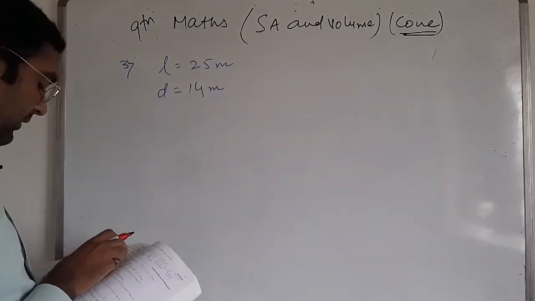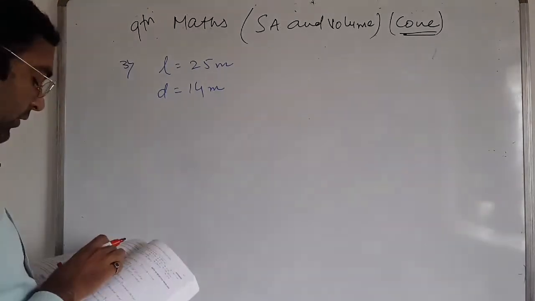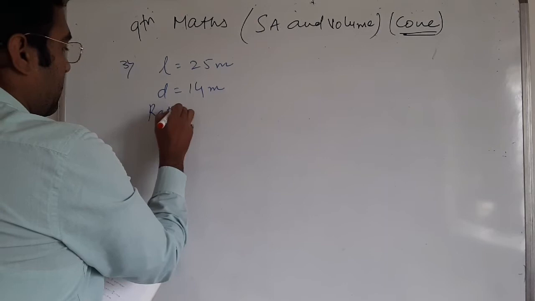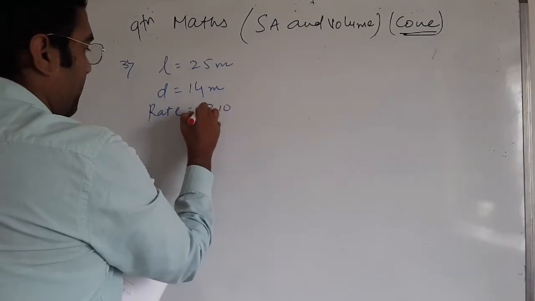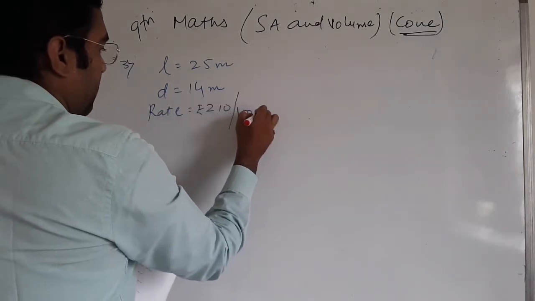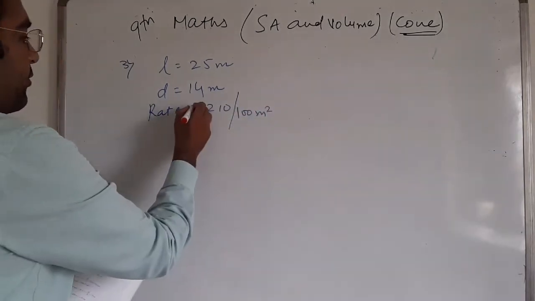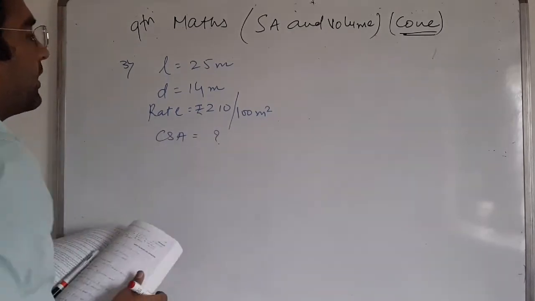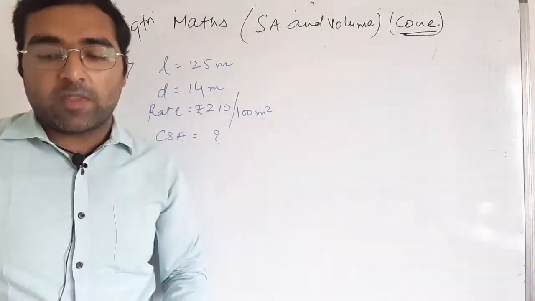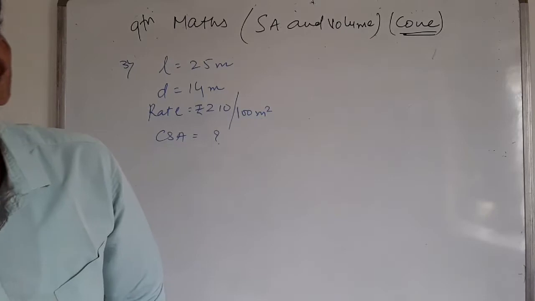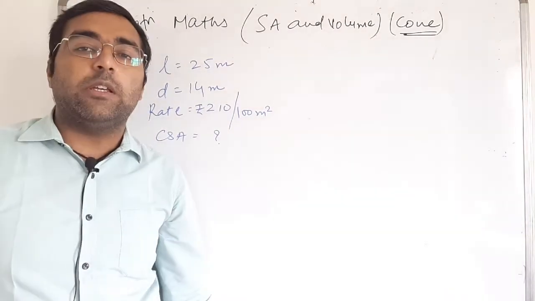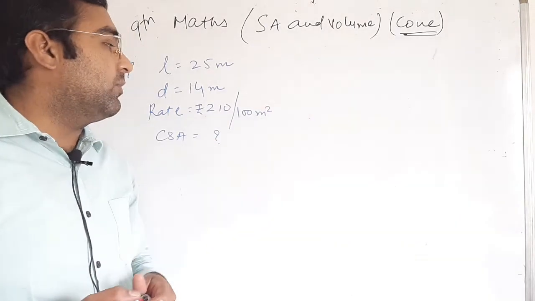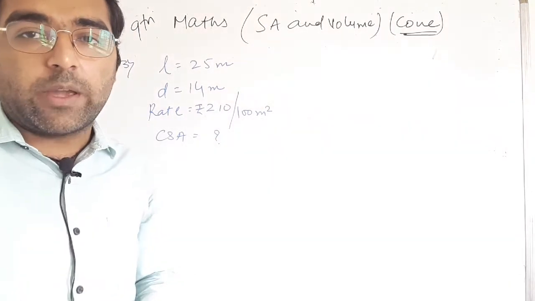Find the cost of whitewashing its curved surface area at the rate of 210 rupees per 100 meter square. The rate is given, 210 rupees per 100 meter square, and they have to whitewash the curved surface area.